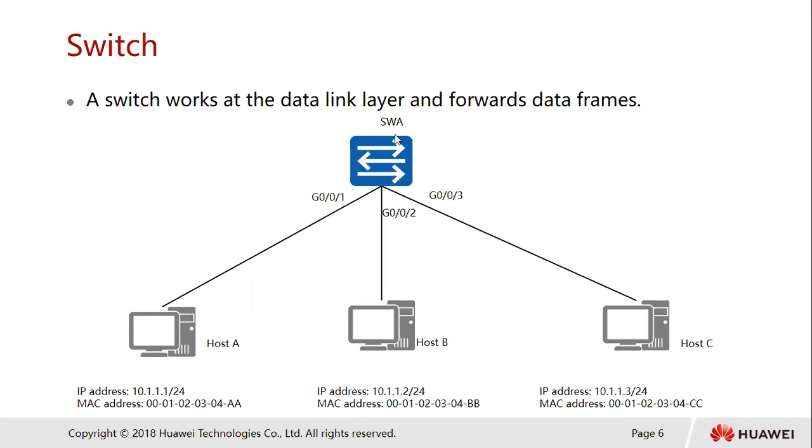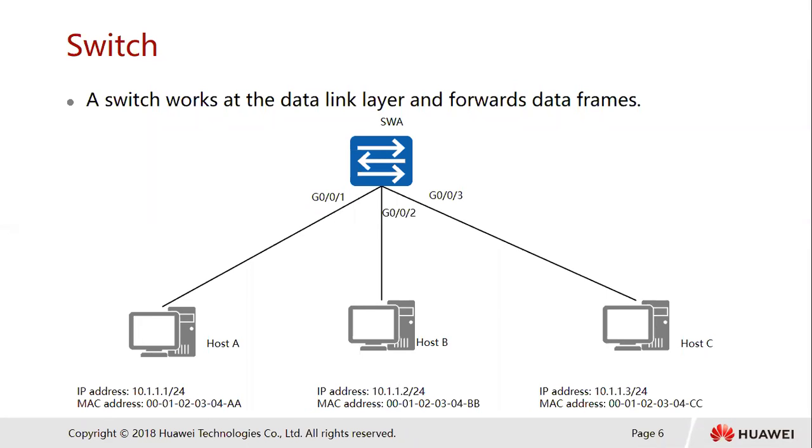So this is a switch here. So you can see we have to connect these computers to the switch, okay? So a switch works at the data link layer and forwards data frames. You remember when we looked at the OSI model, it has 7 layers, okay? So now we have what we call the physical layer, or layer 1.